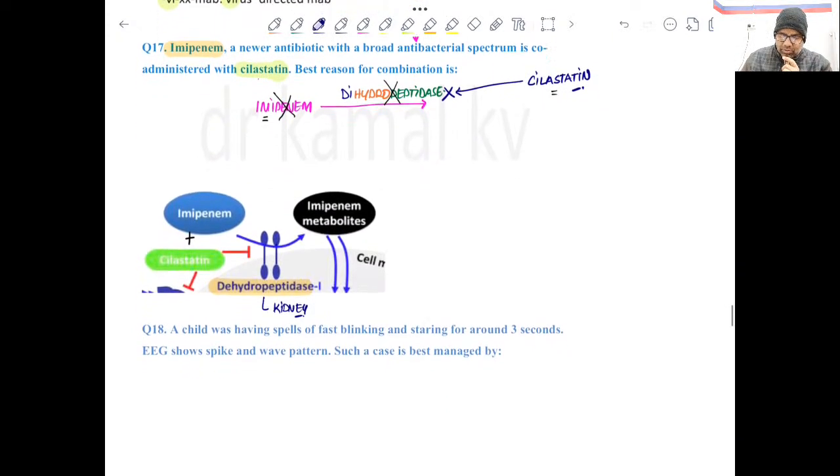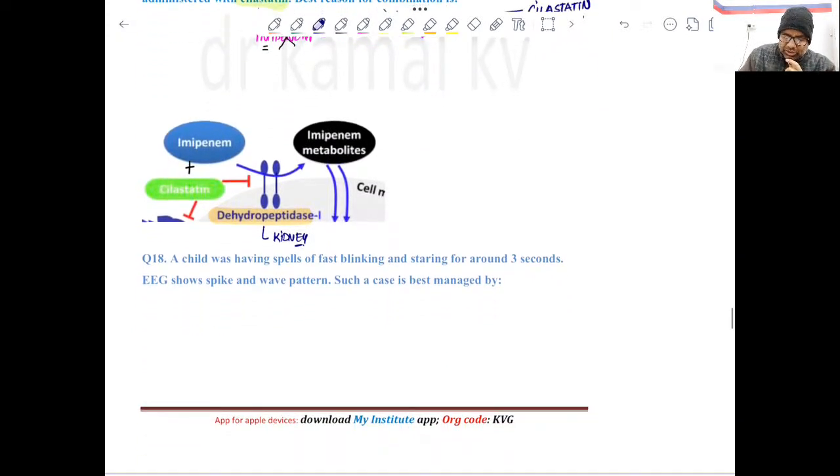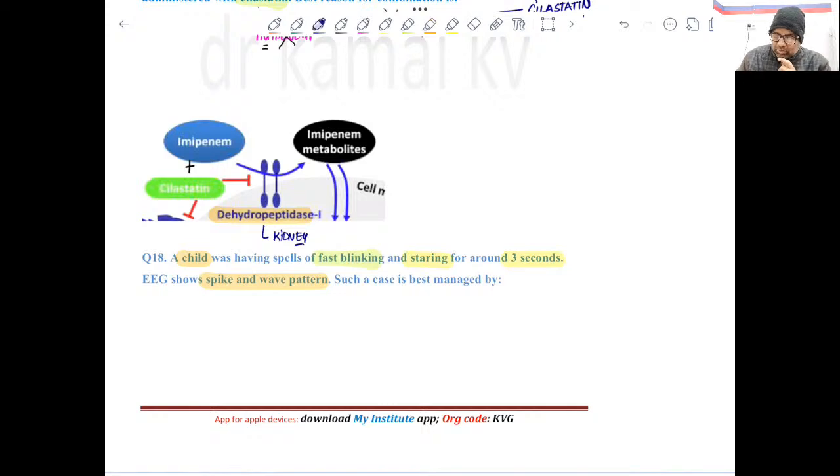Then moving forward to another question, where a child is having fast blinking and after that keeps staring for a few seconds, and on electroencephalogram there is a spike and wave pattern. Now this is very characteristic of absence seizure. So if a child keeps on staring, it means that is absence seizure, right?